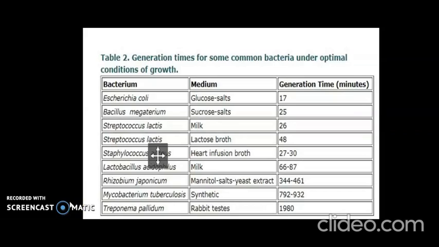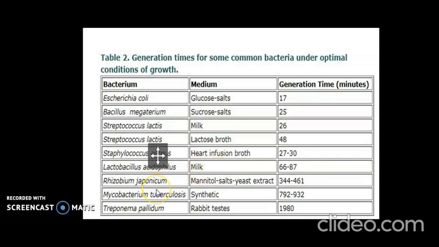For E. coli, if the medium contains glucose and salt, the generation time will be around 17 minutes. Bacillus megaterium, it's 25 minutes. Streptococcus lactis in the presence of milk, it's 26 minutes. Streptococcus lactis in the presence of lactose broth, it's 48 minutes. And then Lactobacillus acidophilus, it's 66 to 87 minutes.